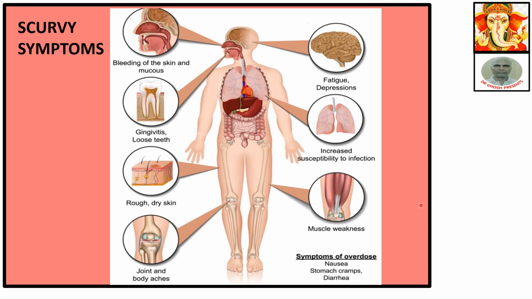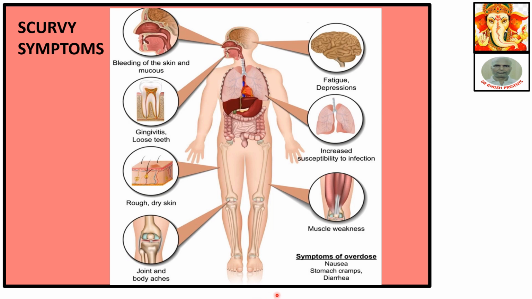This pamphlet I collected from internet. Scurvy symptoms. Scurvy, you know, is a very common disease caused by want of vitamin C, ascorbic acid, and the symptoms are given here in a very nice fashion and prominently. We see bleeding of skin and mucous membrane, fatigue, depression, gingivitis, loose teeth, increased susceptibility to infection, so many things.